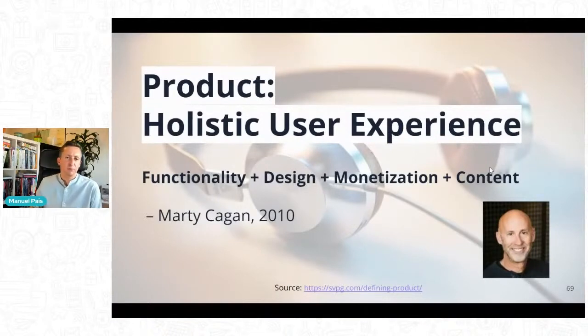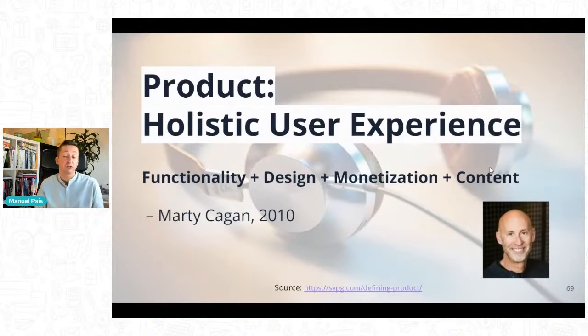If you go on Wikipedia, it's a very blunt definition of meeting some user or market needs. But actually, that has also evolved. And I think the work of Marty Cagan, that you might know from his books, Inspired or Empowered, where he references Team Topologies as well, he's talking about the product as a user experience, a holistic experience, right?